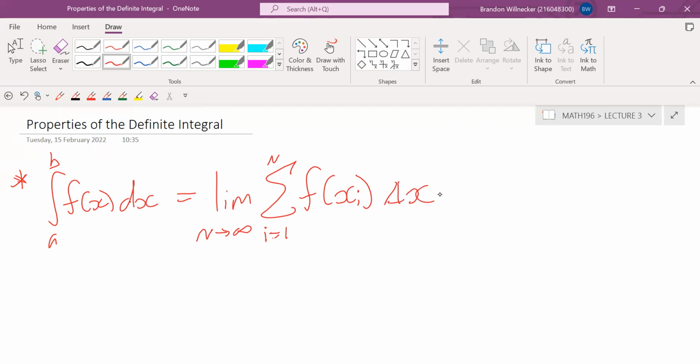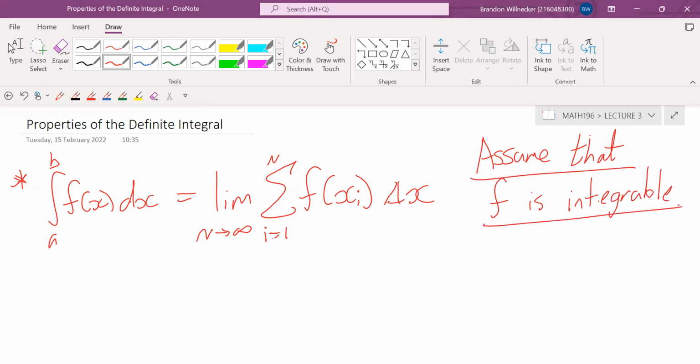Okay, now from now on, I'm going to assume that f is integrable, which means we can choose any sample point. And so, I can choose the right sample point for everything, because it doesn't matter which one we choose. So from now on, we always assume that f is integrable.